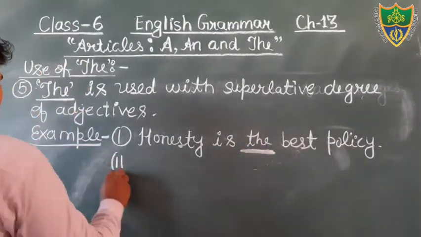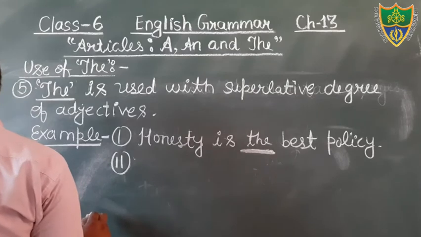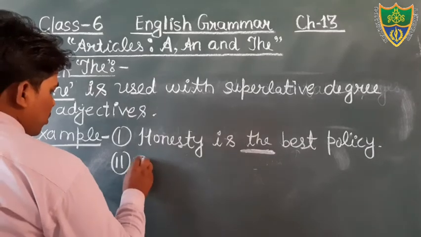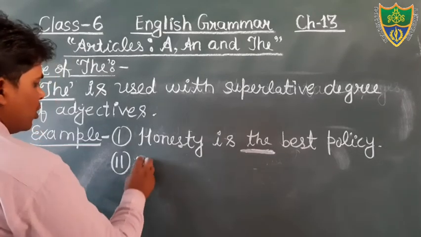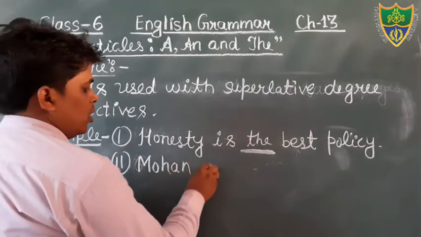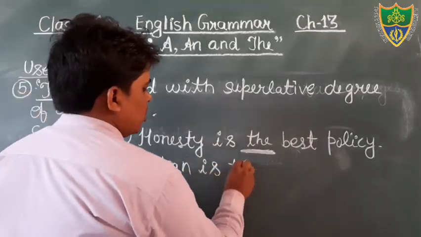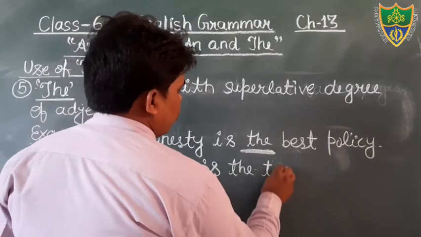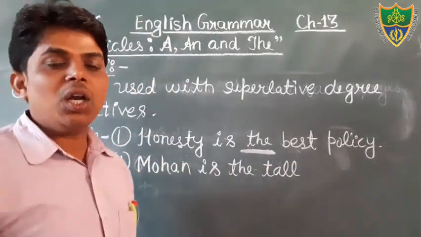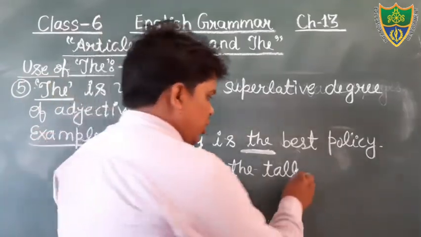Okay, one more example you can see. It is also given. You can see Mohan is the, what would be the superlative degree of tall? Tall, taller, and tallest.